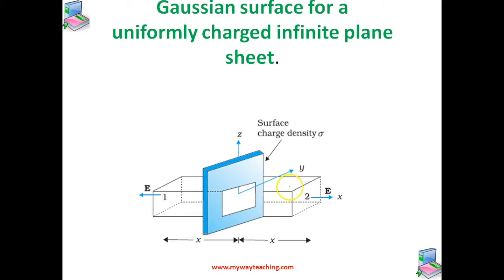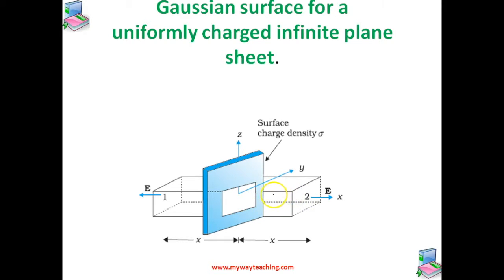We can take the Gaussian surface to be a rectangular parallelepiped of cross-sectional area A, as shown. As seen from the figure, only the two faces 1 and 2 will contribute to the flux, and the electric field lines are parallel to the other faces and therefore they do not contribute to the electric flux.